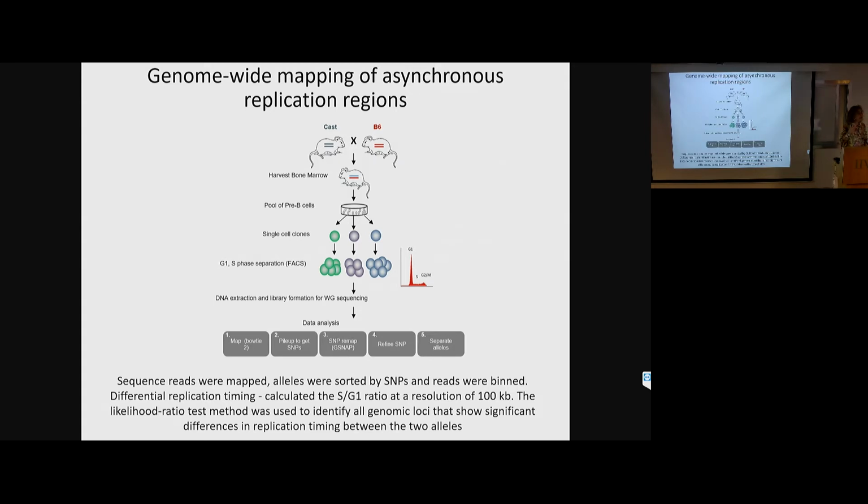But you don't have to choose every time you replicate, because we believe that the mark was put on early on and you just see it now. So the mark is probably from the gametes, and that tells the ES cells, or the blastocysts that are going into implantation, whether it's early or late, and then it just changes every time.